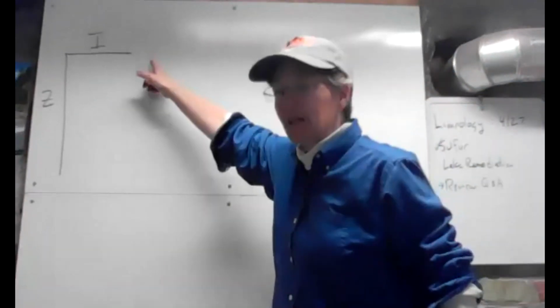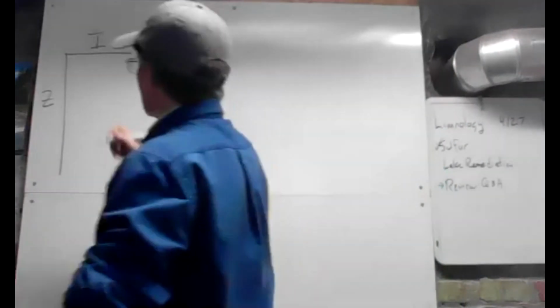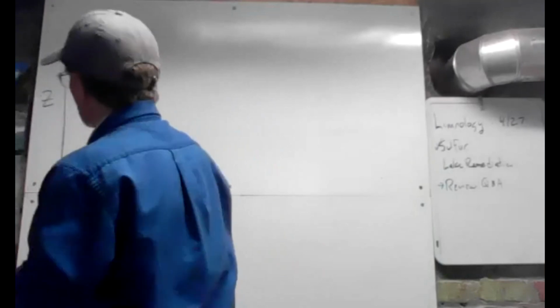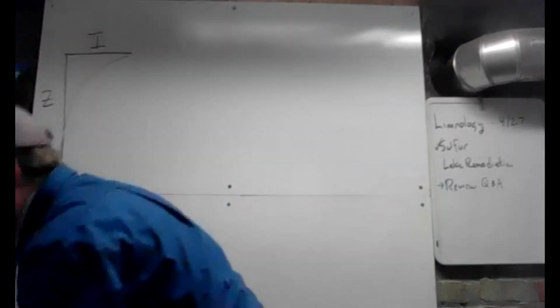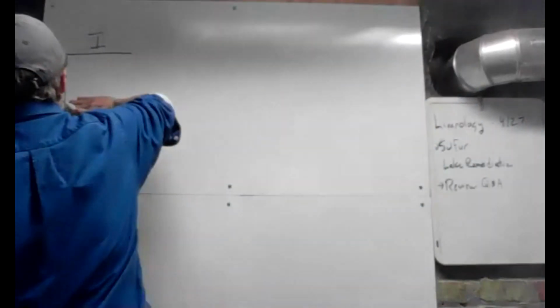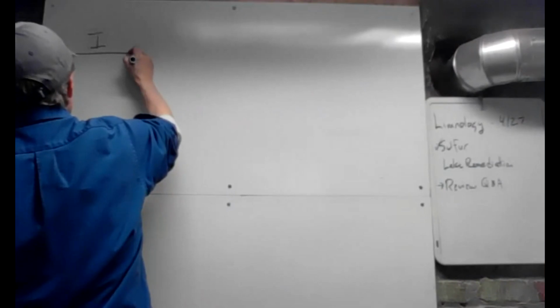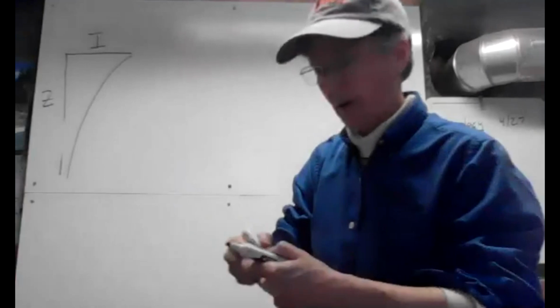This is light and this is depth, and we know that light decays exponentially, or decreases exponentially, with depth. Something like that. You can see that. Some kind of exponential, right?